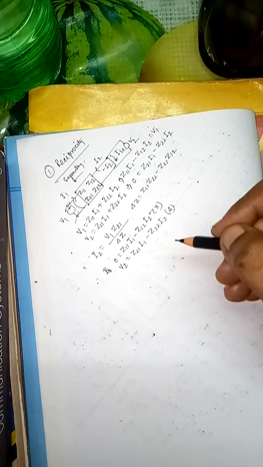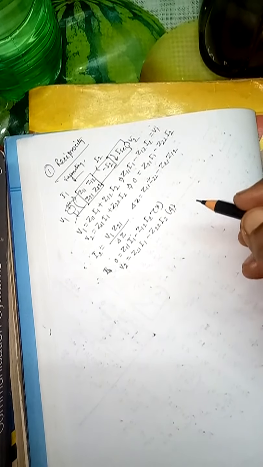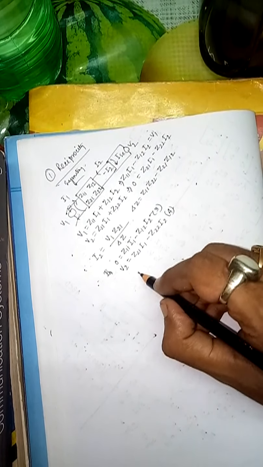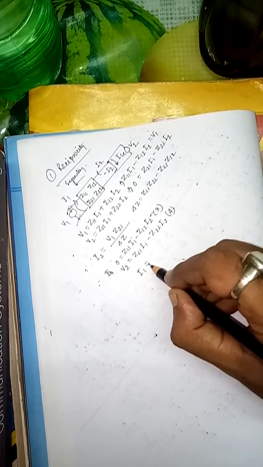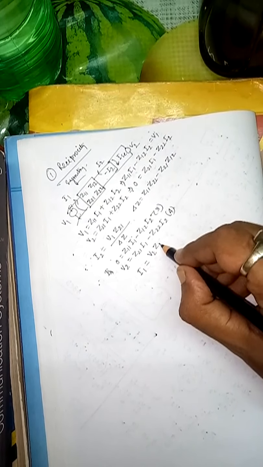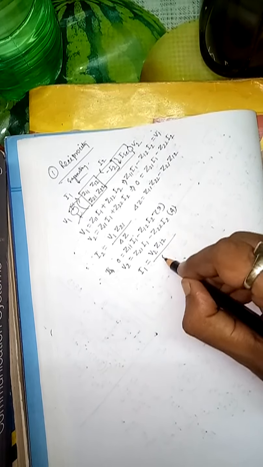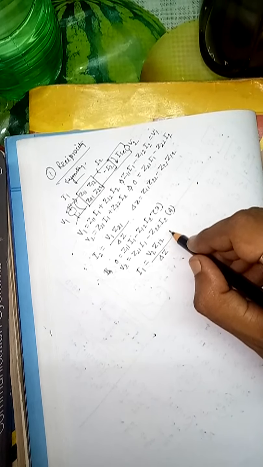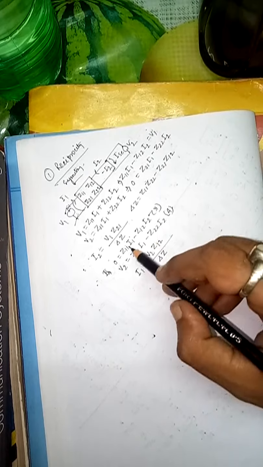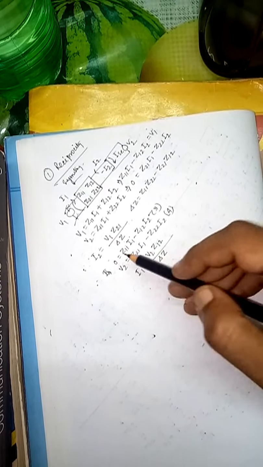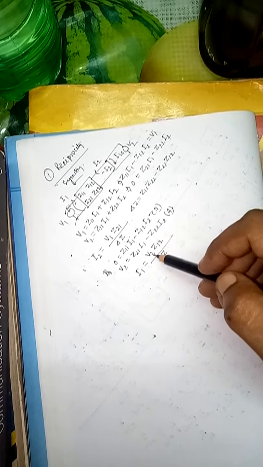So if you are solving these two equations, what will we get? I1 equals V2 into Z12 divided by delta Z. Okay, so here you can easily evaluate I2 by V1 and I1 by V2.